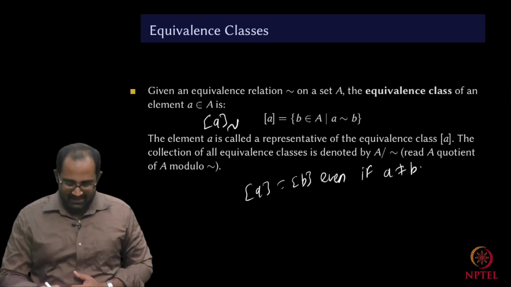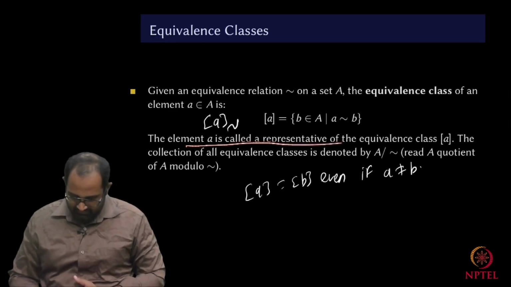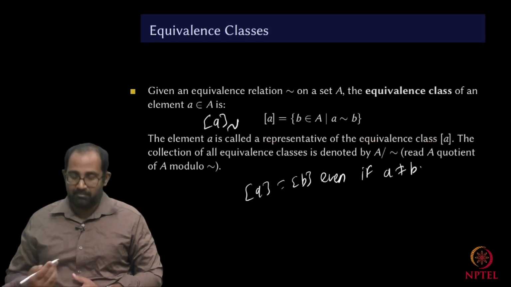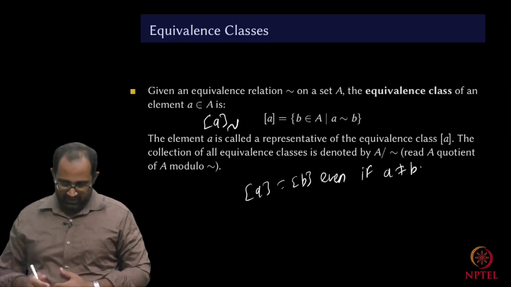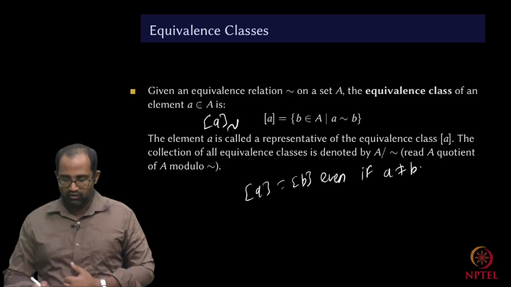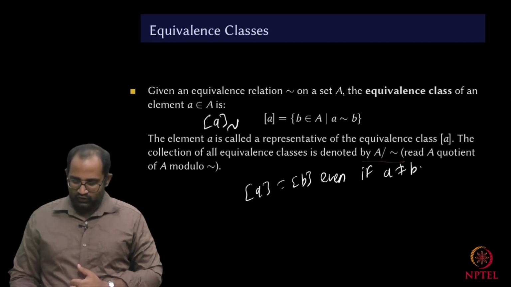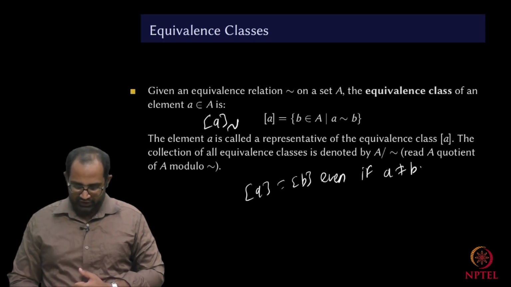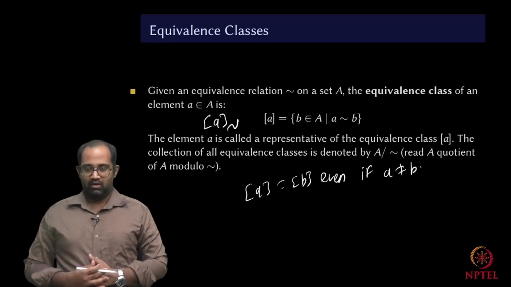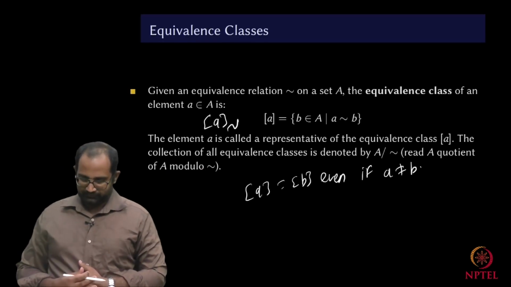So, the element A in box A is called a representative, okay, and the collection of all equivalence classes is denoted A divided by the relation, it is read as A quotient of A modulo tilde, okay.